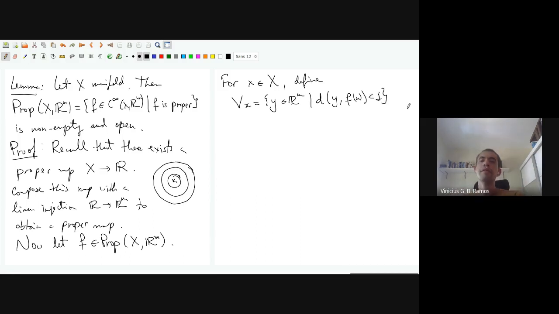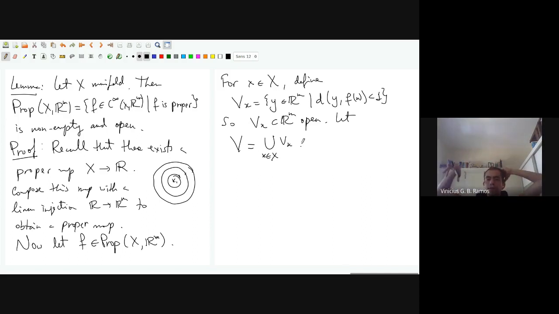So this is a little ball centered at f of x. For each x, you can define this ball. Vx, of course, is open, it's a ball. And now I'm going to let V be the union of the Vx's for all x. So you take a little ball with the same radius, say radius 1, centered at all the points in the image of your proper function.